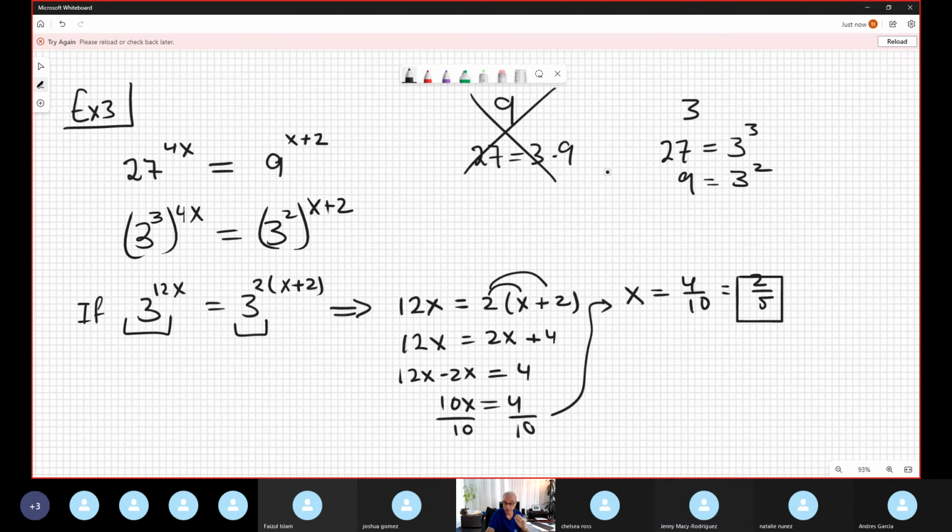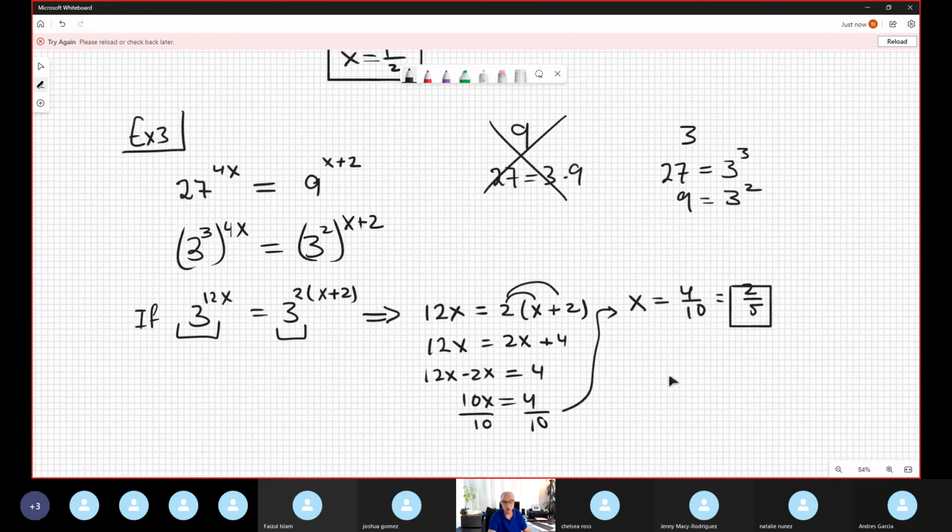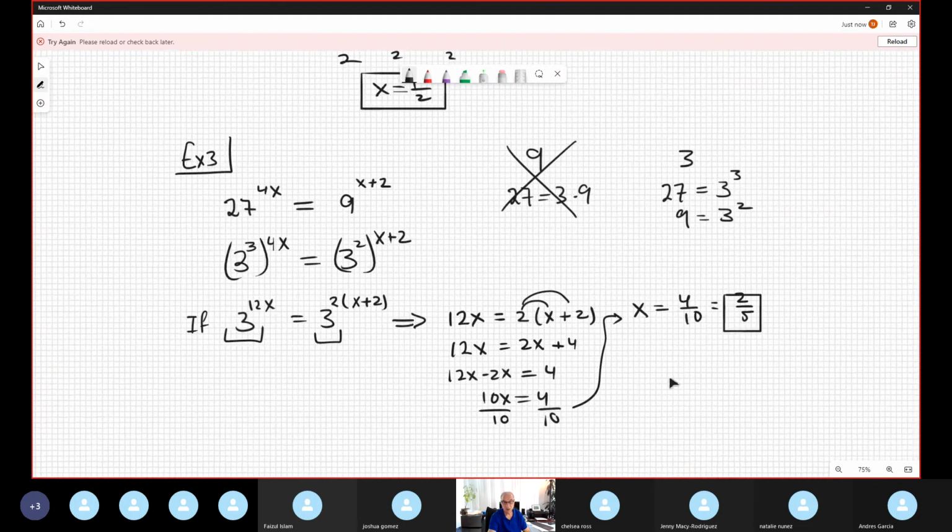Okay, guys, so I propose we stop. We continue Wednesday with the solution of this exponential. I will put a more complicated example. I open the door to a new function that can help me continue solving when you have no common base.